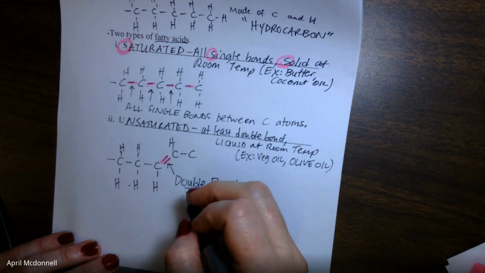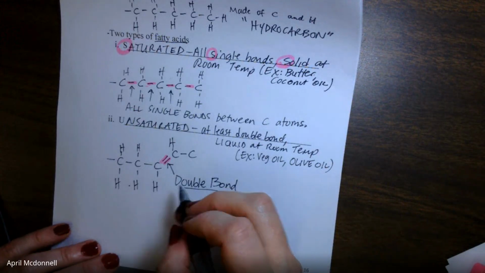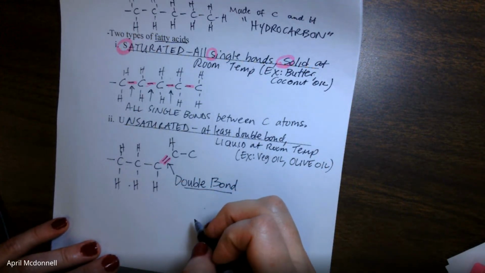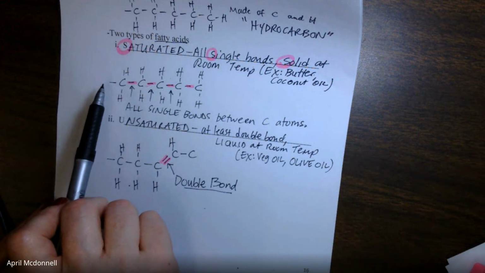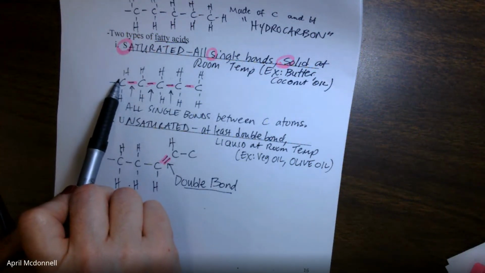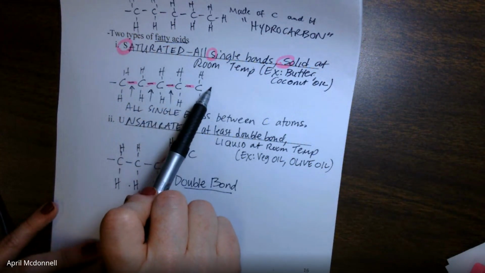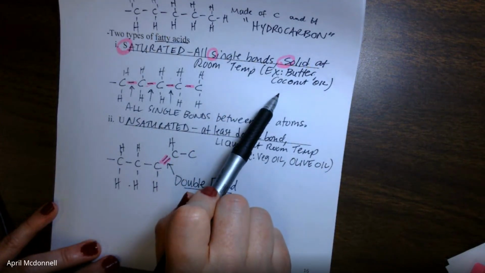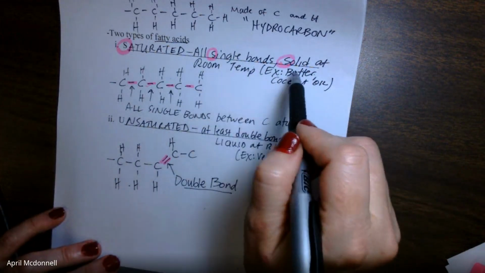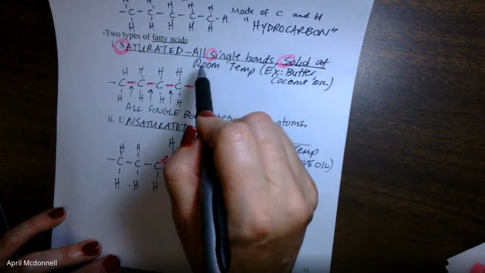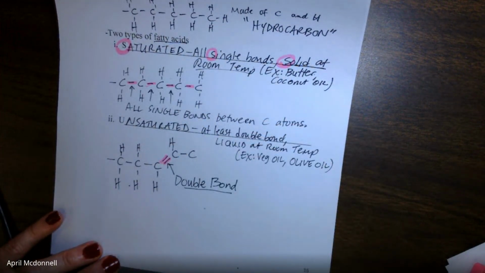What you want to recognize is that the presence of a double bond makes the fatty acid not consistent in shape. So if you look up here at the saturated fat, the fatty acid is pretty much straight. It has a very consistent shape. And anytime molecules have a very consistent shape, they tend to be able to stack on top of each other, which essentially ends up in them being solid at room temperature.